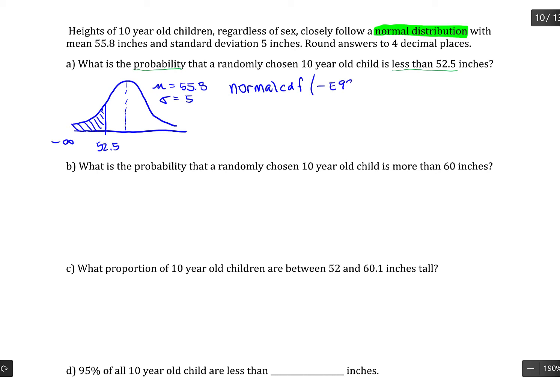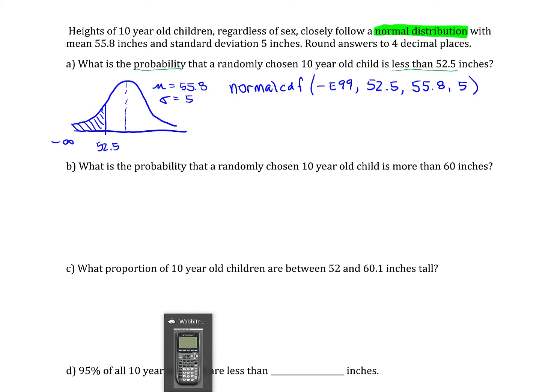And negative E99 is a great thing to use because it's extremely small relative to the rest of the data, and it effectively just means 1 times 10 to the 99th power. And 52.5 is the upper bound of that shaded region. And then the last 2 inputs are the mean of the distribution and the standard deviation.